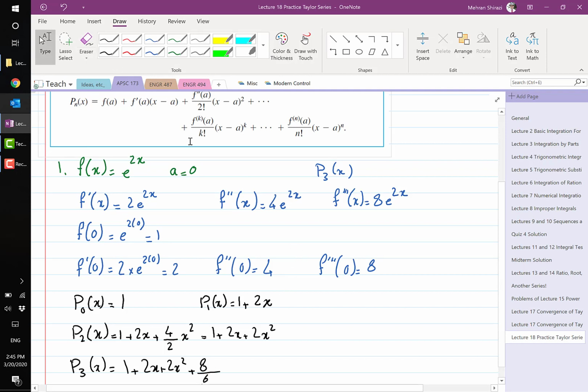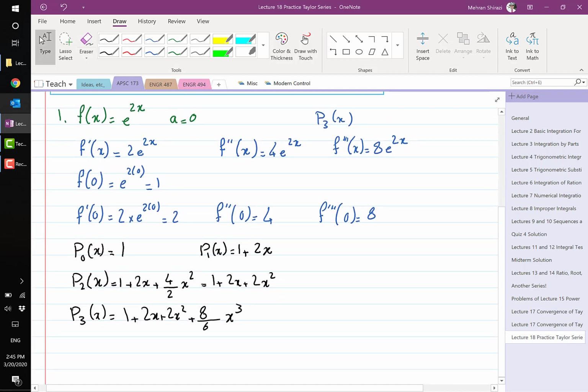Because it's k factorial. When k is 3, we have the third derivative of f at a, which is 8, divided by 3 factorial, which is 6, times x minus a to the power of 3. A is 0, so we have x to the power of 3. That's it. Very simple.